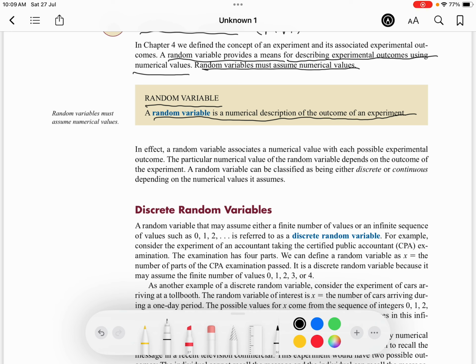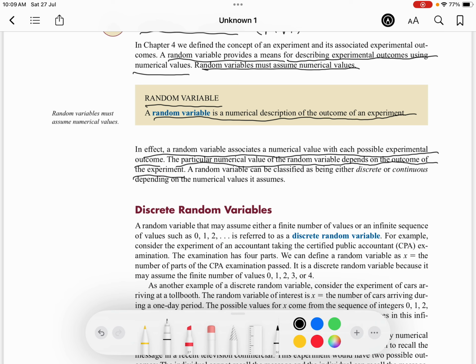In fact, a random variable associates a numerical value with each possible experimental outcome. The particular numerical value of the random variable depends on the outcome of the experiment.